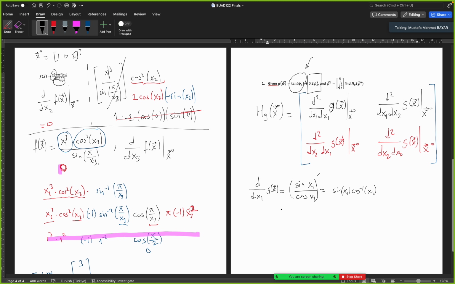And when I differentiate it using the product rule, I will first differentiate the first term, the sine of x1 part here, which is going to be a cosine of x1. The second term remains as is. This is cosine to the negative 1 of x1. Then I should leave the first term as is, sine of x1, and multiply it with the second term differentiated. It's going to be negative 1 times cosine raised to the negative 2 of x1.